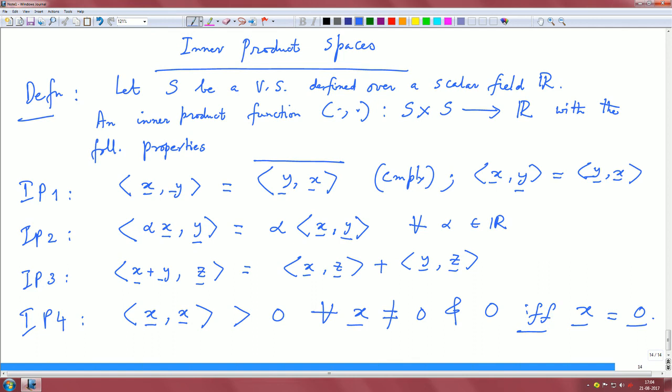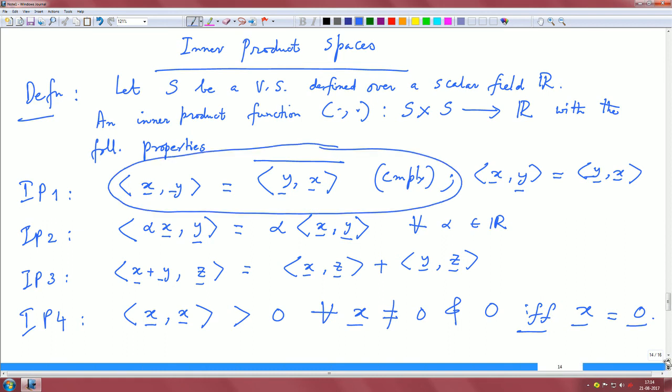So, it has to satisfy all these properties. It has to be noted that in this definition we are considering the inner product function as a function operating over the Cartesian product of this vector space to the set of all real numbers. When I gave this property IP1, saying the inner product of x, y is y, x conjugated, this is for complex.